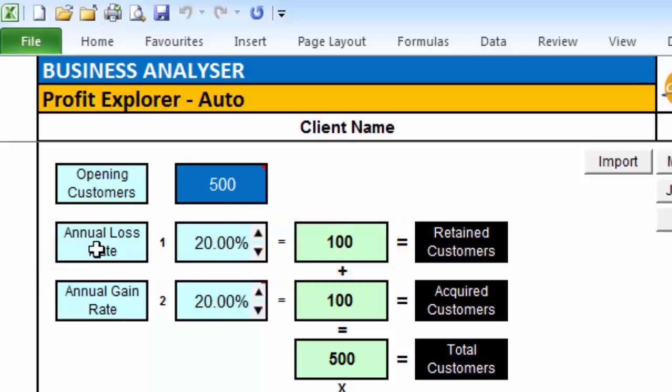This has a default value of 20%, or 1/5 of customers will cease to buy in the coming 12 months. Similarly, underneath that is the annual gain rate, and it has a default setting of 20%, and that means that our customer numbers have remained static for the year until we choose otherwise.